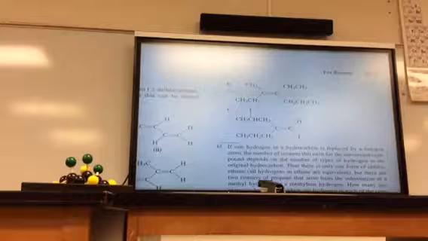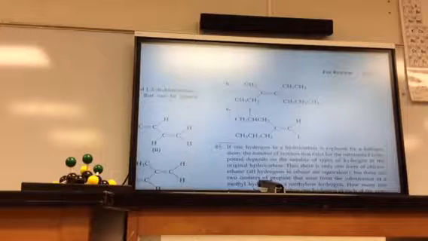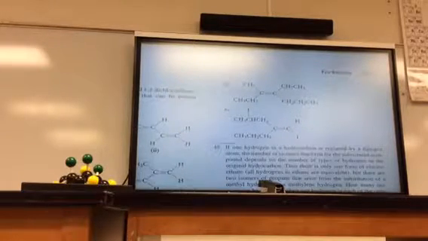What is the name of that compound? B, on the top. Parent. You have it already? No, don't say anything yet. I want everybody to see if they can digest this a little bit.